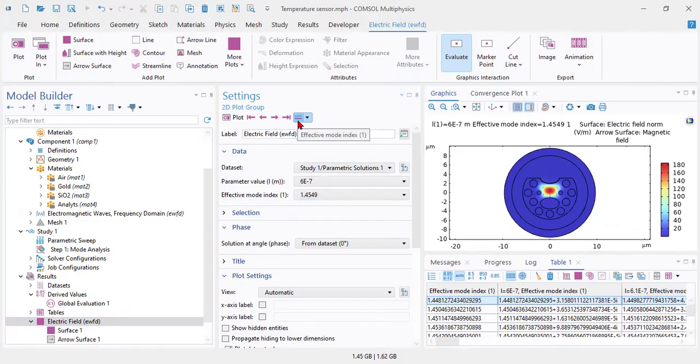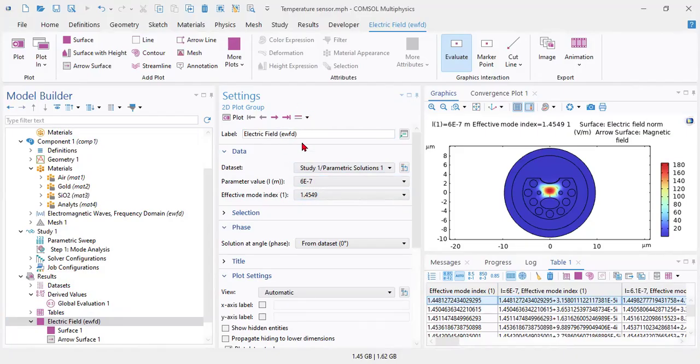If this maroon color bar is below, then it will change the mode, meaning the effective mode is below. If it is up, then it will change the wavelength.